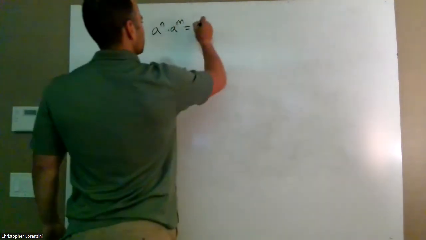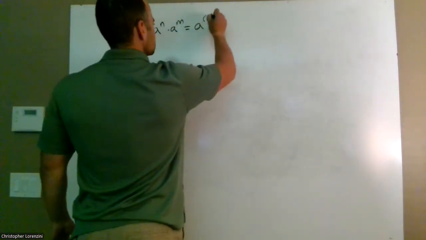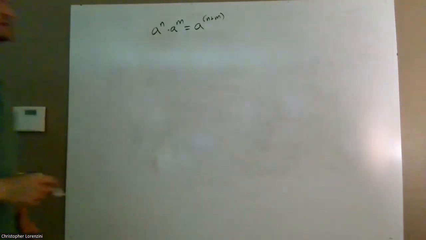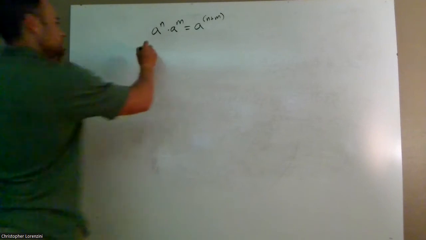If I have some number A raised to the nth power, and I'm multiplying it by the same number A raised to the mth power, this is equivalent to A raised to the n plus m power. So what does that mean to us?